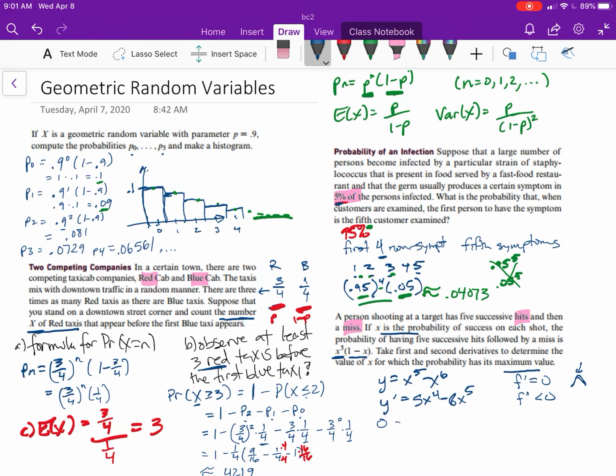Set that equal to 0, right? Find the critical points. We factor out x to the fourth, and we get 5 minus 6x. So x could be 0, or 5 equals 6x, so x is 6 over 5. Oh, 5 over 6.